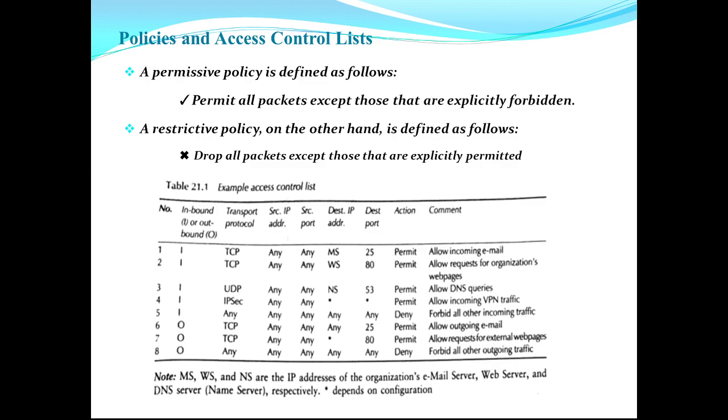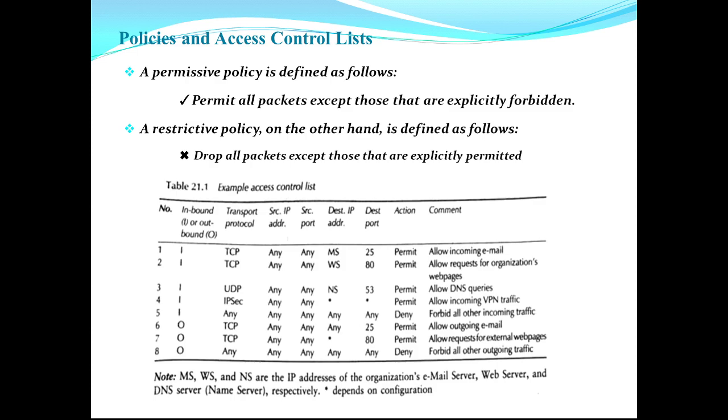Then what kind of transport protocol is used, like TCP, UDP or IPsec. And if you see closely here, the transport protocol is any. It's not specifically mentioned which transport protocol the incoming or outgoing traffic is using.